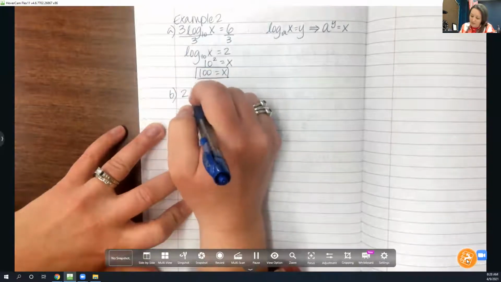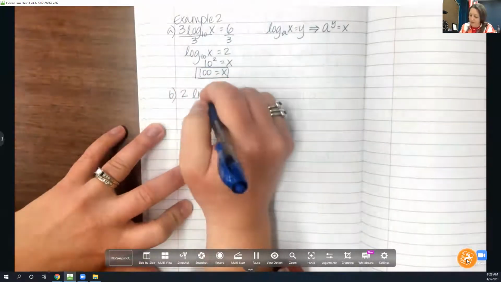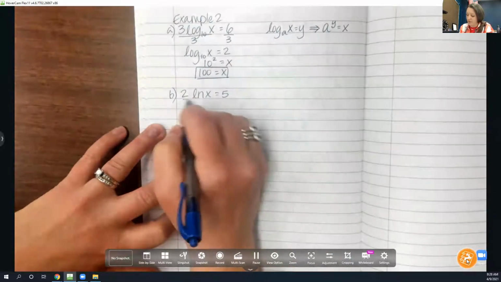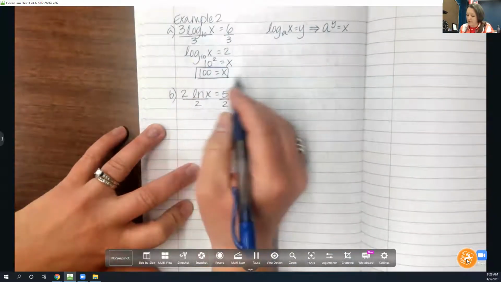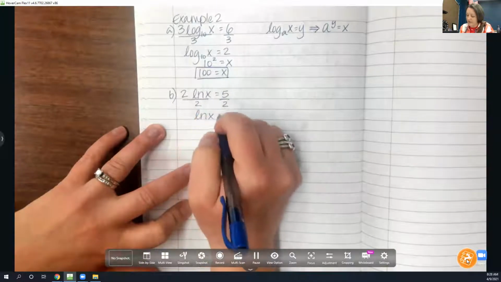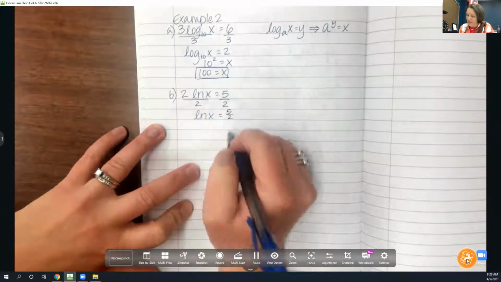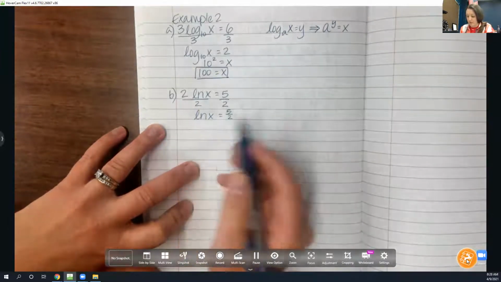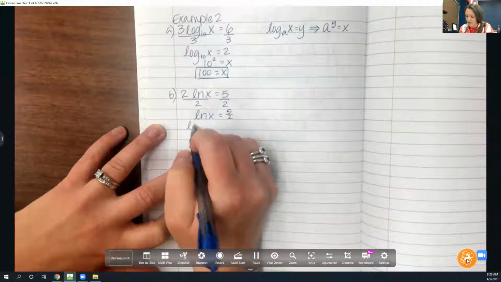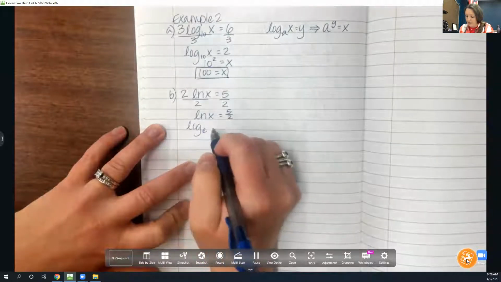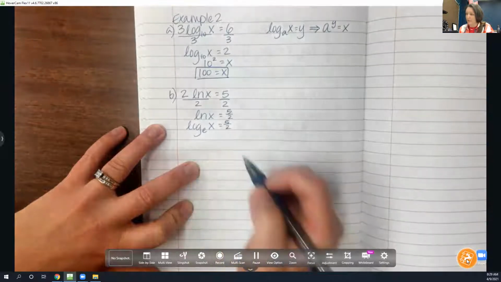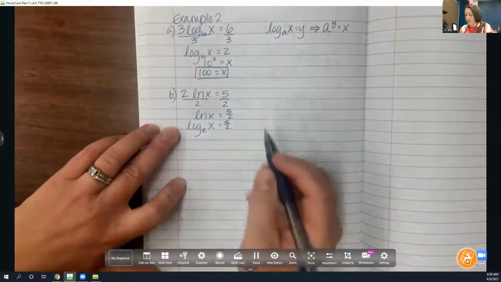Same thing for b. 2 times the natural log of x equals 5. I'm going to divide by that 2 first to isolate the natural log of x equals 5 halves. Now, how do I rewrite this as an exponent? That's a great question. Let's remember that natural log is log base e. So I'm going to rewrite it the same way as the others.